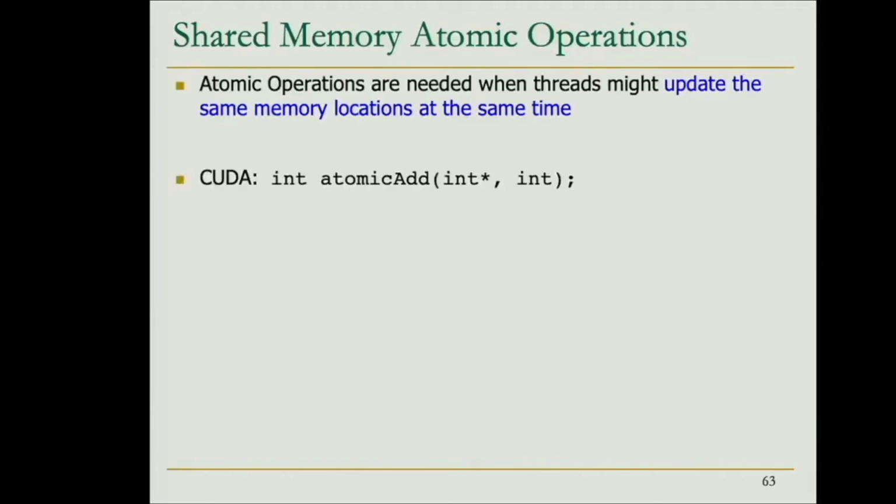This is the syntax for an atomic operation in the high-level CUDA programming language. Atomic add, where I have a pointer to one element in memory, and in this memory position, I want to add this integer in this case. This is the syntax for integers, but it also works for floating point, double precision, and so on.